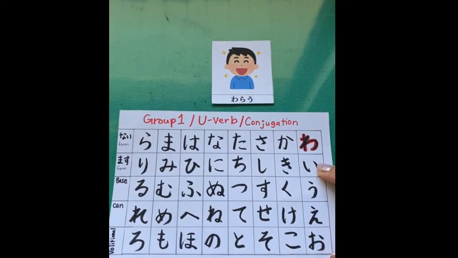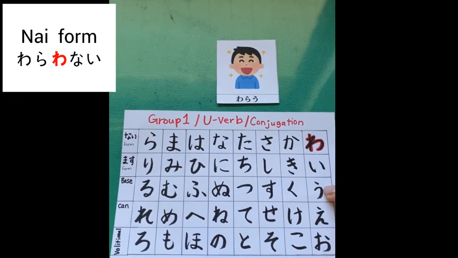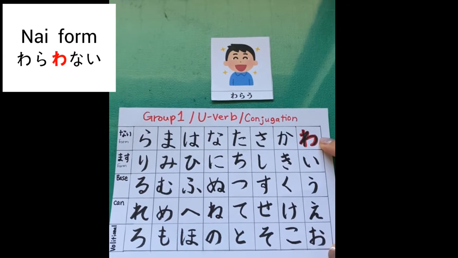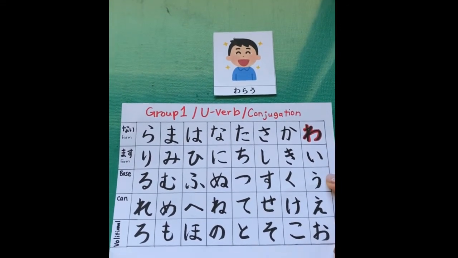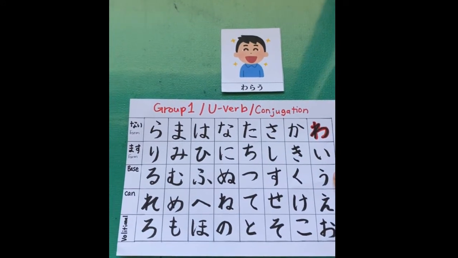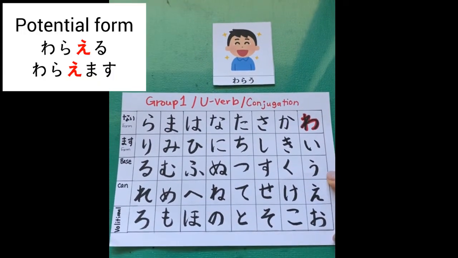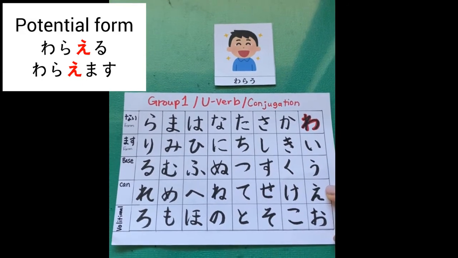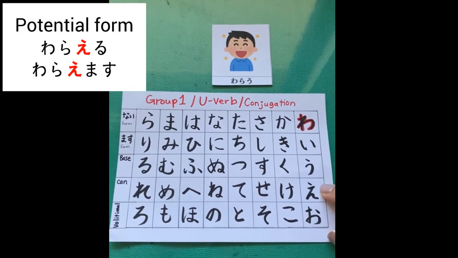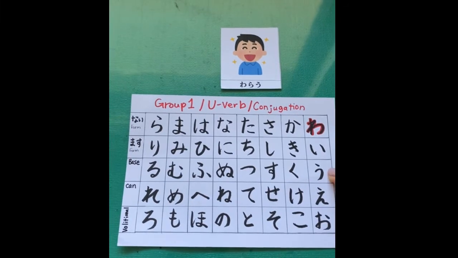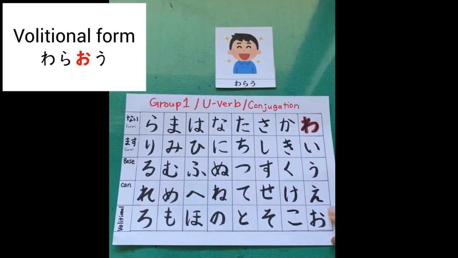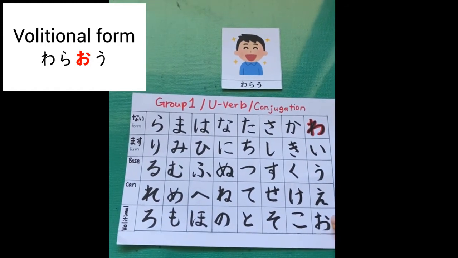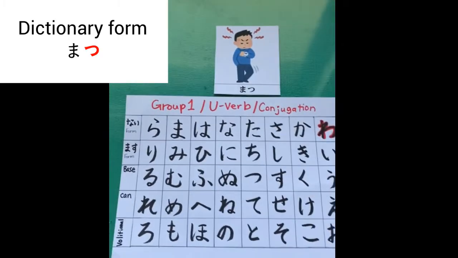You want to make it NAI form, 笑わない. Can-do form or potential form, 笑える、笑えます. Volitional form or 意向形, 笑おう.